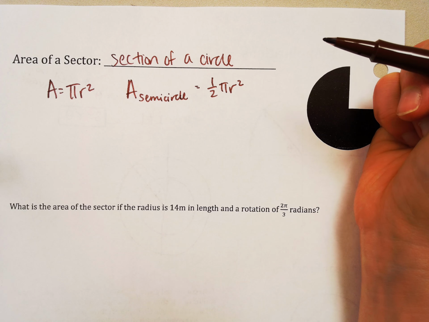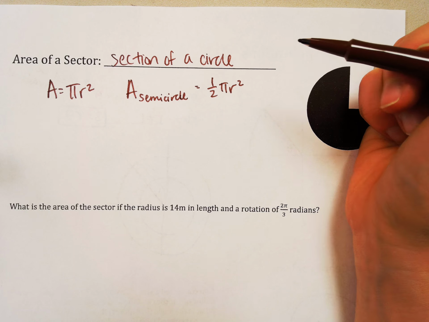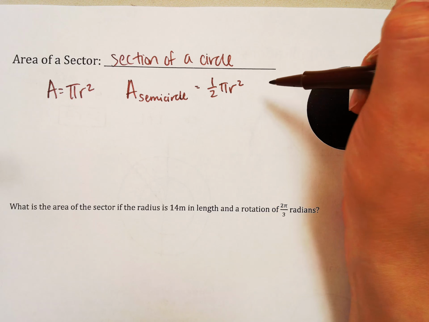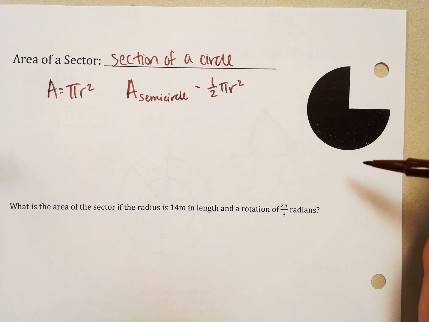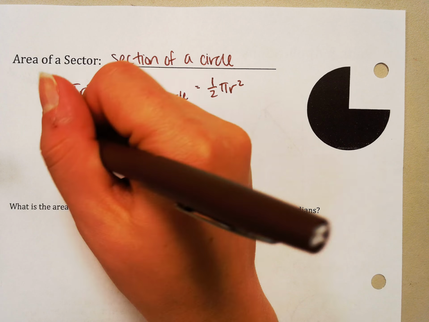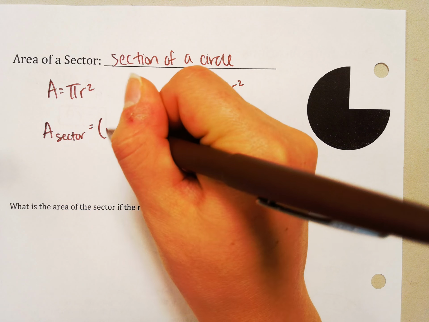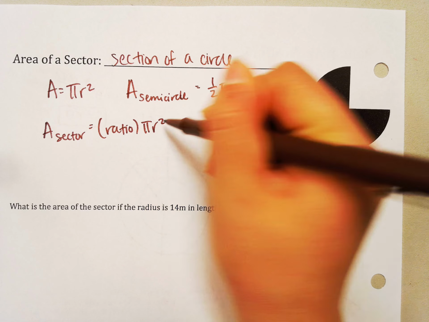And if I were coming up with the area of a third of a circle, I would do 1/3 pi r squared. So all we're really doing is taking this factor and multiplying it by our area, which is really the area of this sector that we're finding. So the area of a sector then is this ratio, whatever it is, times pi r squared.